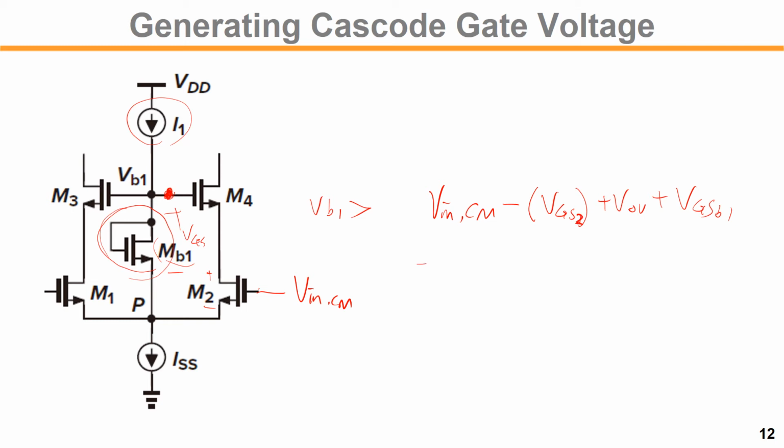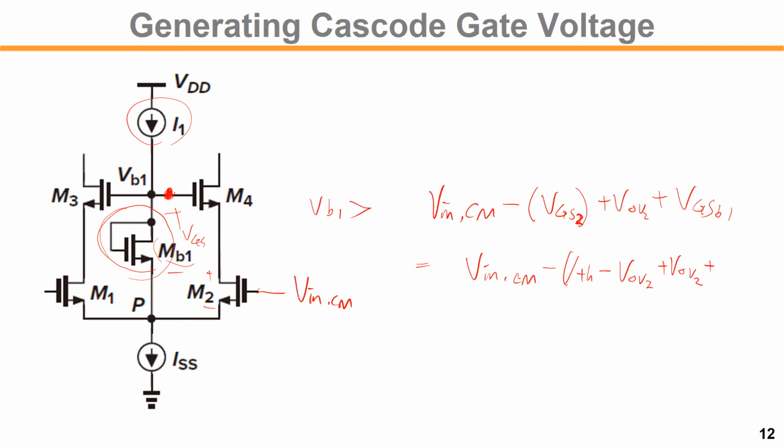So if starting from input CM, we have a similar VGS, let's say VTH minus V overdrive 2 plus V overdrive of the, let's say, overdrive of 2, right?